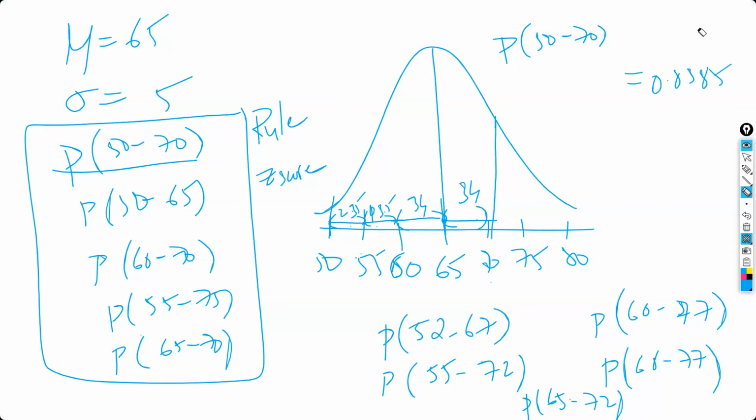Now, using the second option, I'm going to calculate P of X less than 70 minus P of X less than 50. From that also I will get 0.8385 only. Is that clear?